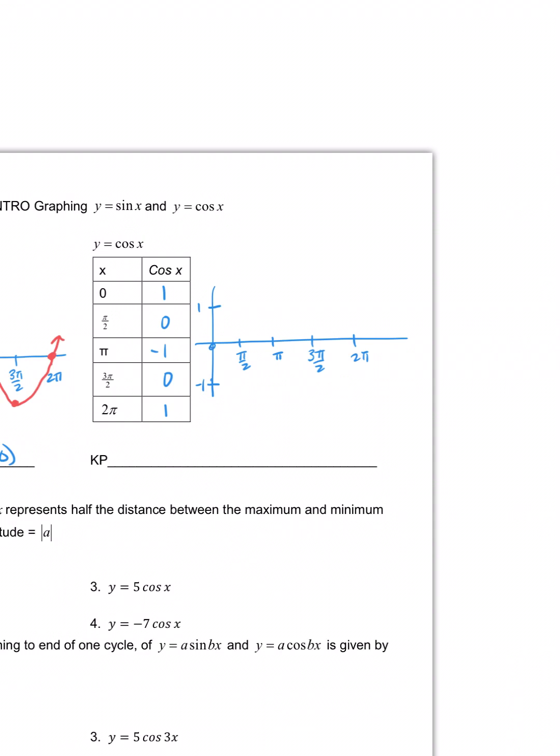Then if I plot my points, at 0 I'm at 1, at pi over 2 I'm at 0, at pi I'm at -1, at 3 pi over 2 I'm at 0, back at 1. So we connect with a smooth curve with arrows at the ends because it is continuous.